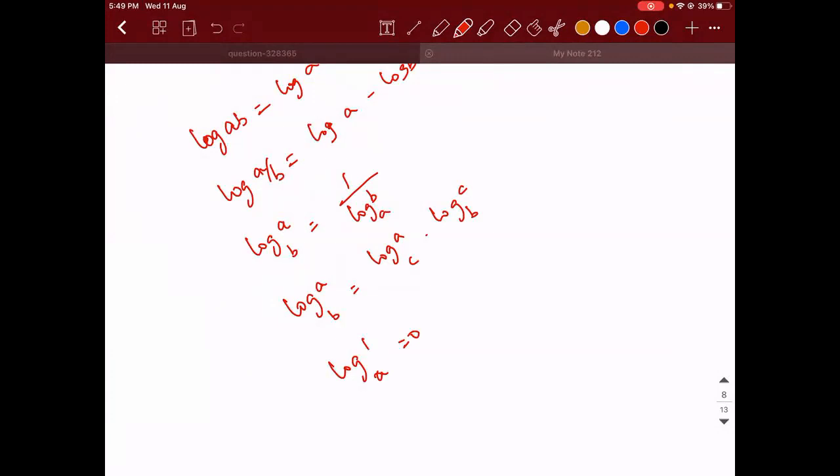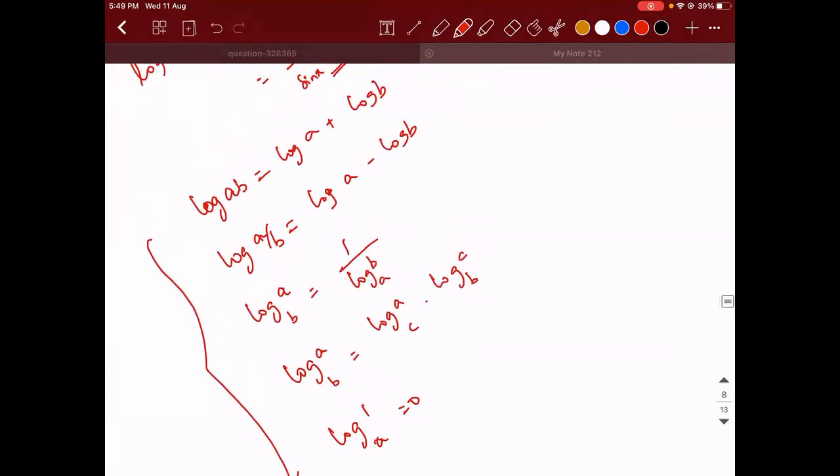So this is how you do. These are all the properties of log, not the derivatives.